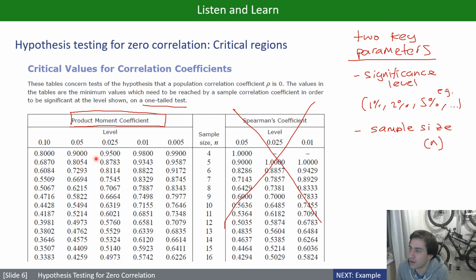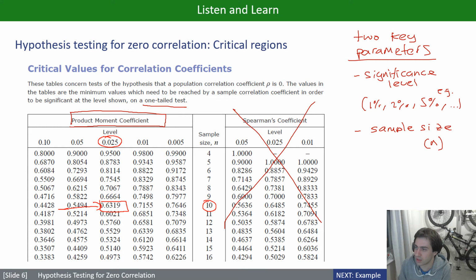Let's say my sample size was 10 and my significance level was 2.5%. So I'd look at sample size 10, 2.5% if it's one tail, and you know how to look up things in a table. There it is, 0.6319.